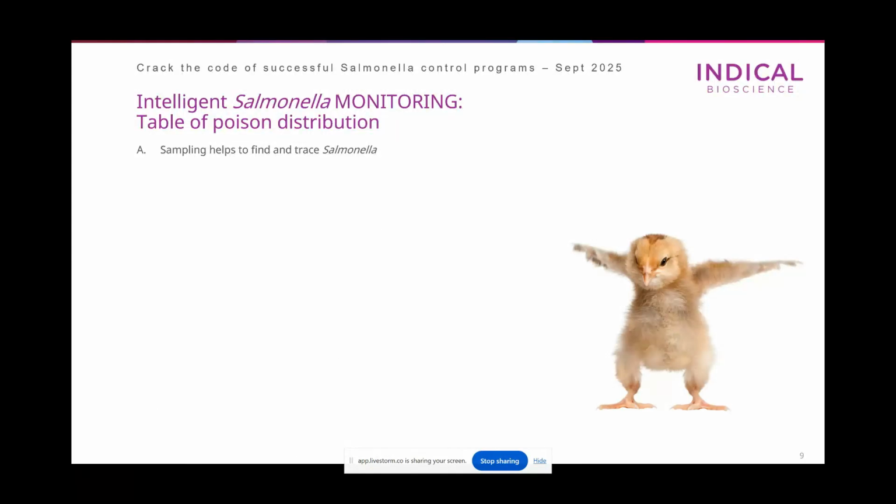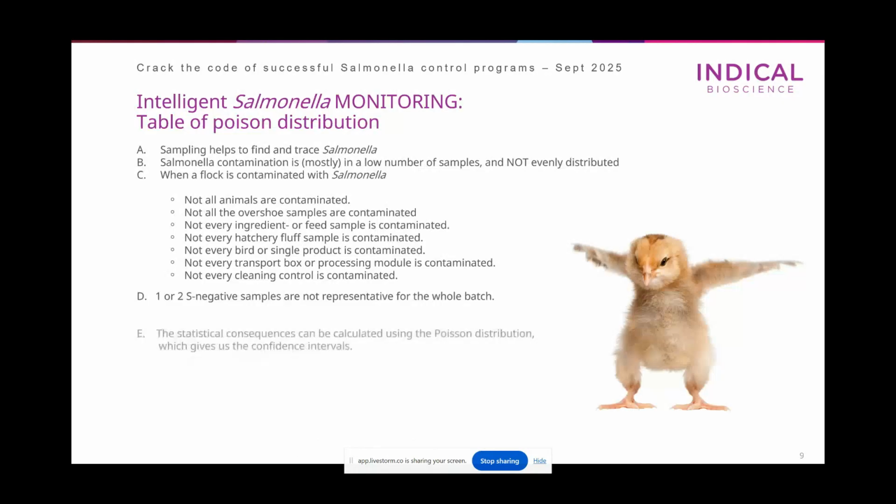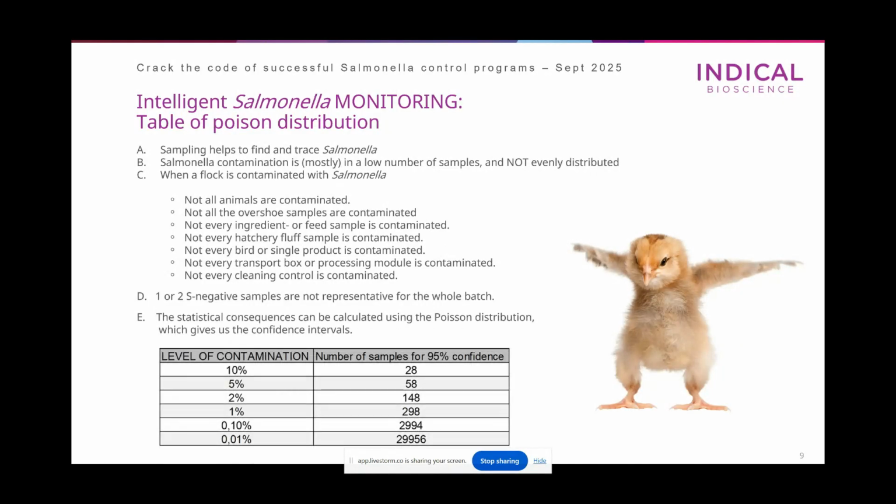Yeah. So in this case, sampling helps to find and trace salmonella. Another click. Because salmonella contamination is mostly in a low number of samples and not evenly distributed, meaning when a flock is contaminated with salmonella, not all the animals are contaminated, not all the overshoe samples are contaminated, not every ingredient of a sample is contaminated, just a part of it. Therefore, it's important to sample enough.